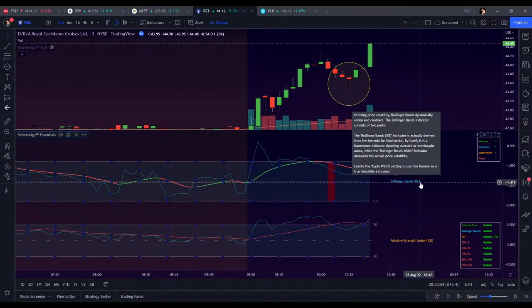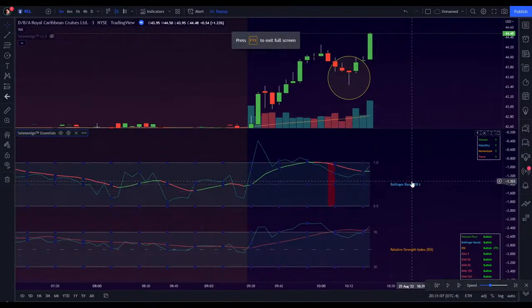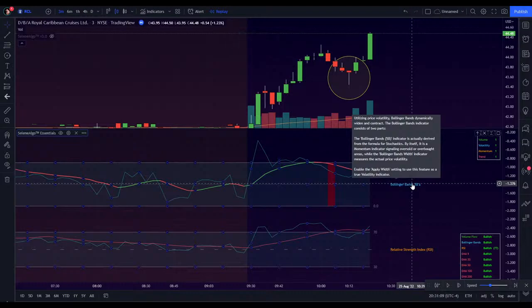Hover over that, y'all can read that. Essentially, Bollinger Bands by default traditionally is a volatility indicator. However, the width portion, in other words, the intensity that they're either expanding or contracting, is actually a method of measuring volatility.